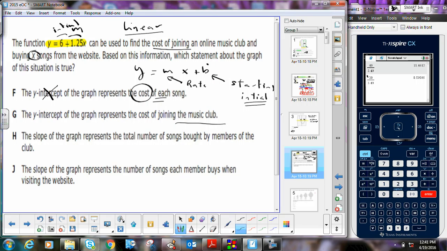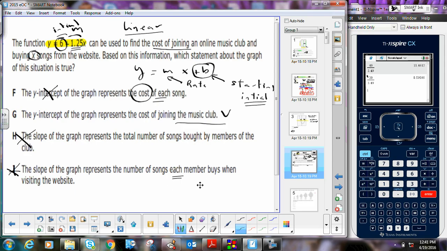Could be, when you start at $6 and then you pay $1.25 for each song. Yes, this could be. Let's see the other statement. The slope of the graph represents the total number of songs bought by members of the club. Nope, this is wrong. The slope of the graph represents the number of songs each member buys when visiting the website. Nope.